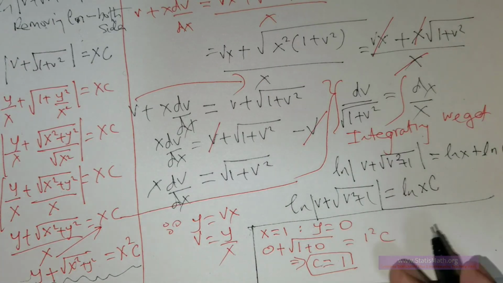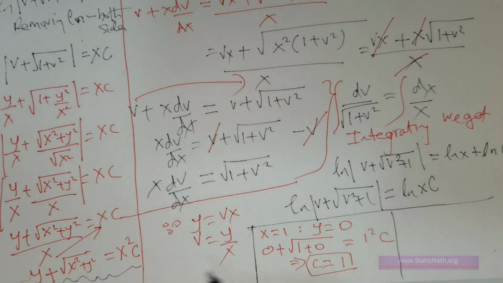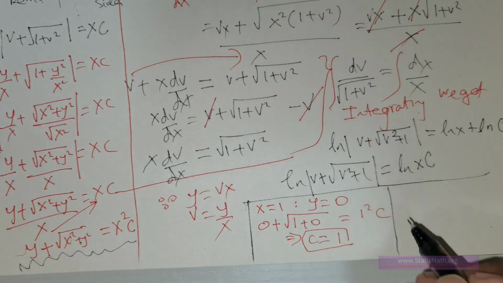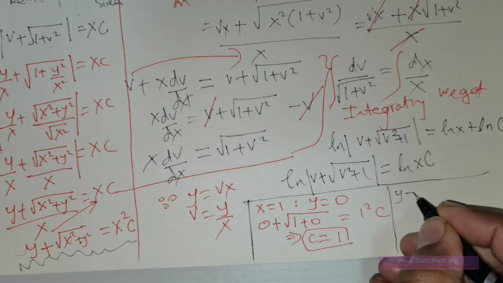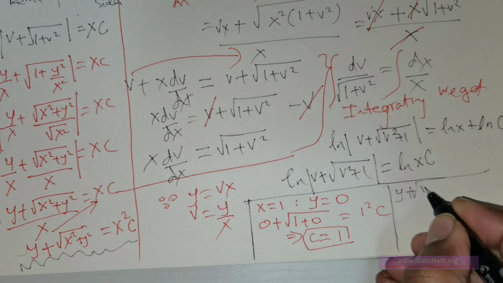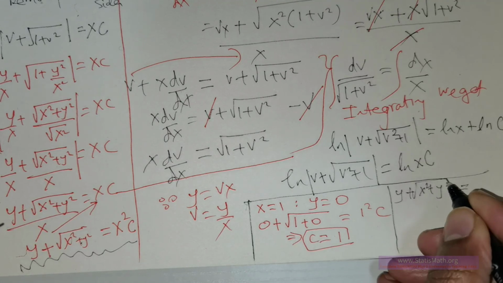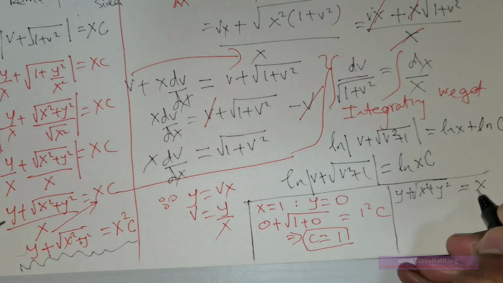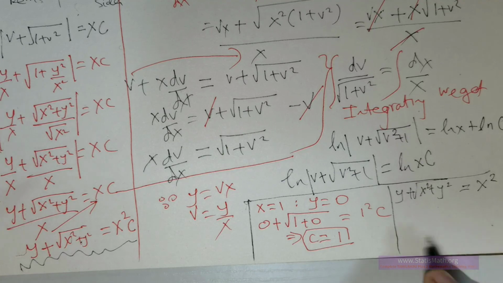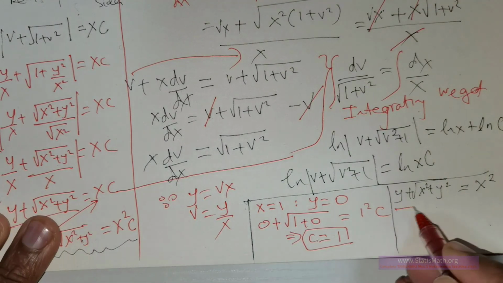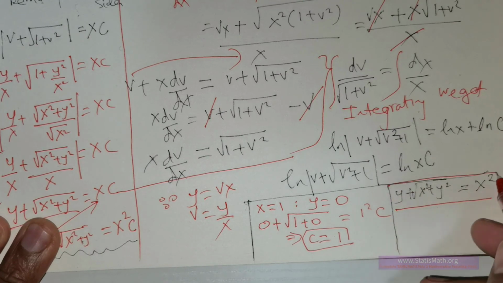If I use this value of c in the solution here, then the solution is rewritten as y + √(x² + y²) = x². So this is going to be the final answer to the question.